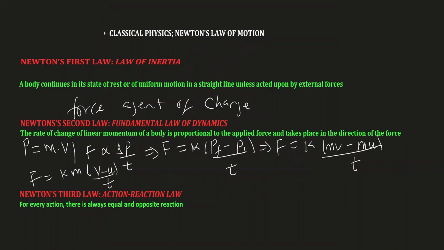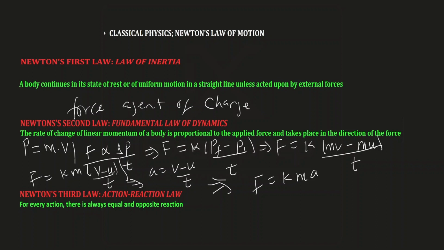If you have seen the video on linear motion, we know that acceleration is equal to final velocity minus initial velocity over time, because this is change in velocity over time. That means we can then write the second law as F is equal to K multiplied by acceleration, because change in velocity over time is acceleration.